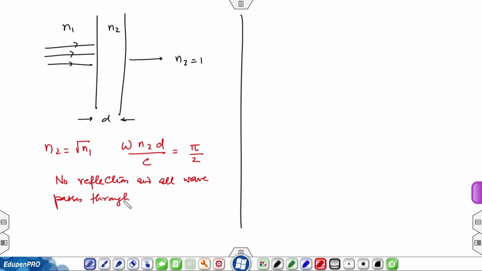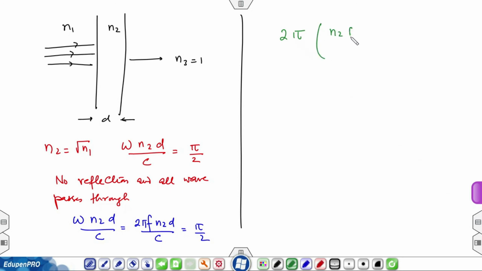Let us just write this condition of thickness in terms of lambda and see what it means. So, I have ω n2 d / c, which is 2π times the frequency, n2 d / c equals π/2. So, I have 2π n2 f d / c equals π/2.